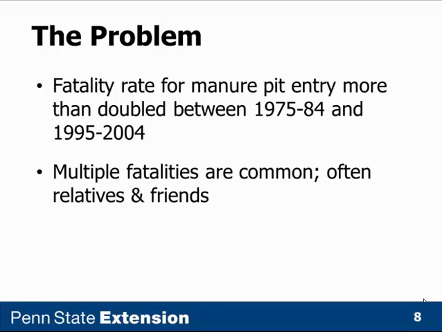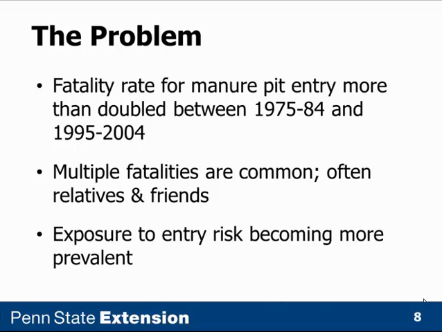For example, a father might enter a pit to repair something and his son might be watching, or a friend or a salesperson on the farm and sees the father succumb. And then they think that I can go in and rescue that person, and they are overcome. And a third person might even go in and be overcome. So consequently, we can have multiple fatalities for one incident.